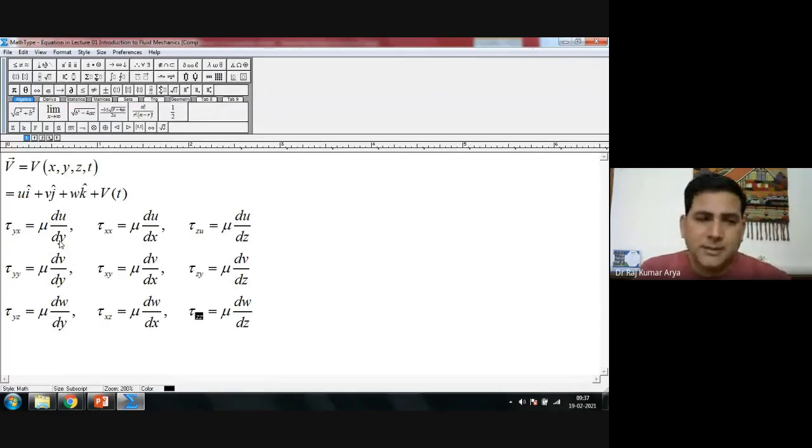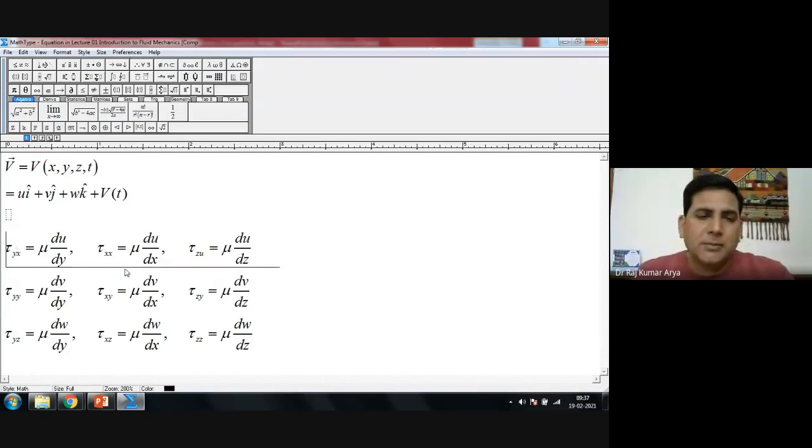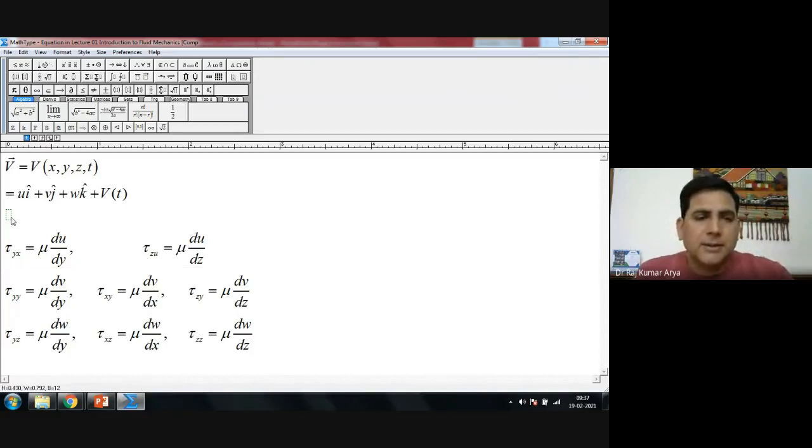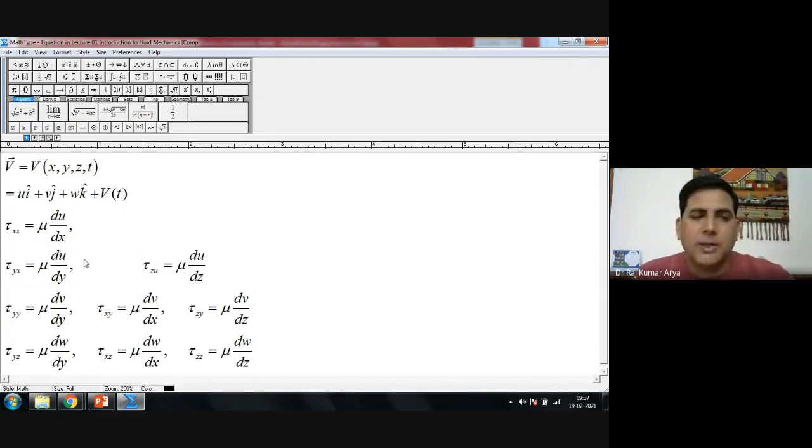Okay, so if I rearrange this matrix in this format, let's say first I want to define only for the x plane, so I would start from here. I can take this tau xx, then tau xy, this one in the y direction, then tau xz.